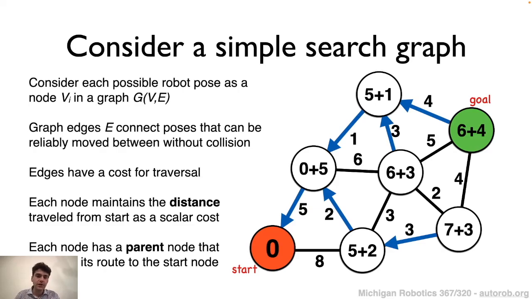For example, the parent node of the first node that has a cost of 0 plus 5, just directly above the start node, is the start node, and it has a cost of 0 plus 5, which is 5, because that's the total cost it would have taken if the robot had started at the start node and traveled to the 0 plus 5 node.